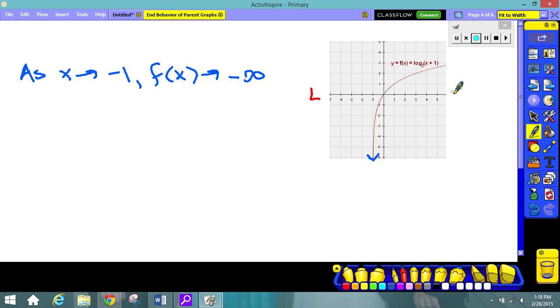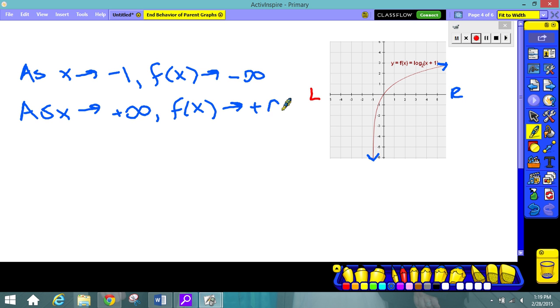Well, we can see as we approach -1, we're approaching negative infinity. Okay, let's talk about the right-hand side. Well, as you can see, as we come up and over, it's going this direction, and as it goes farther to the right, in other words, as x is approaching positive infinity, because it will continue to go further to the right, f of x is approaching positive infinity.